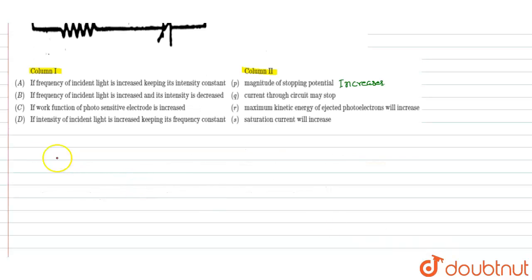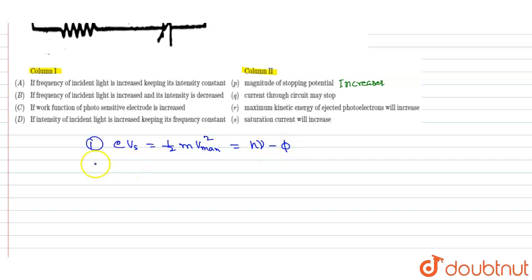For solving this question we have to use two relations. The first relation is e into Vs, where Vs is the stopping potential, equal to the maximum kinetic energy: 1 by 2 m V max whole square is equal to the incident energy h nu minus the work function.